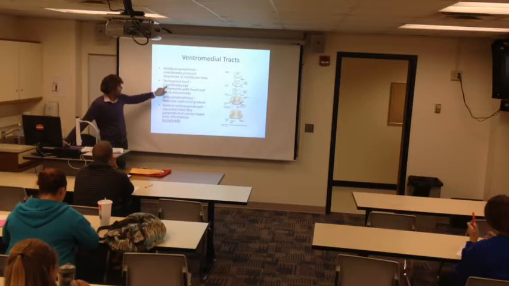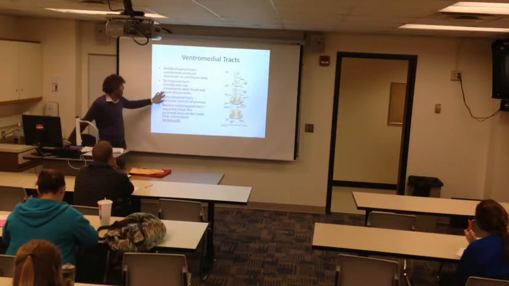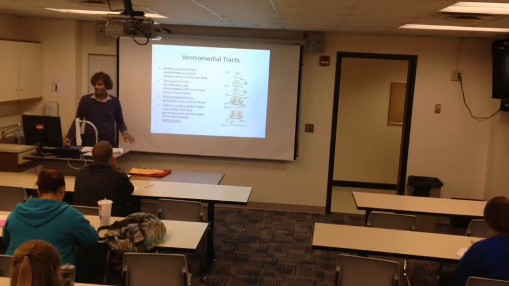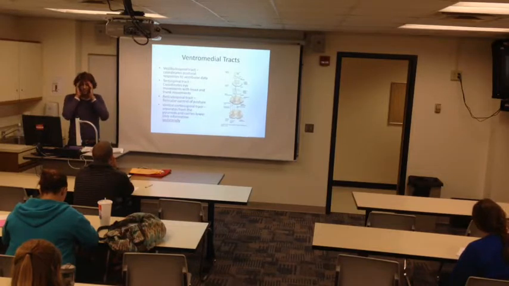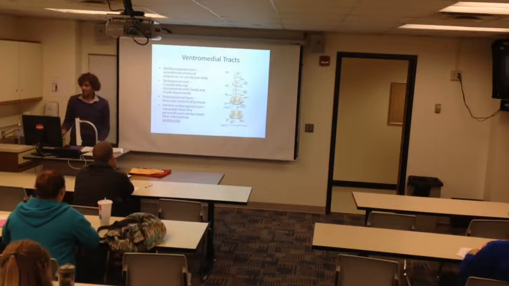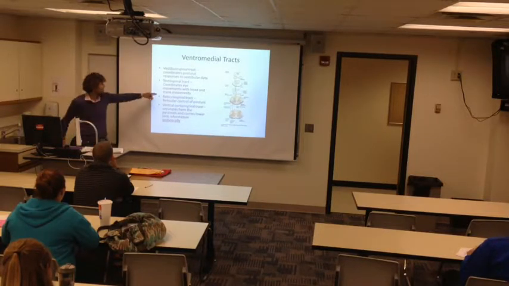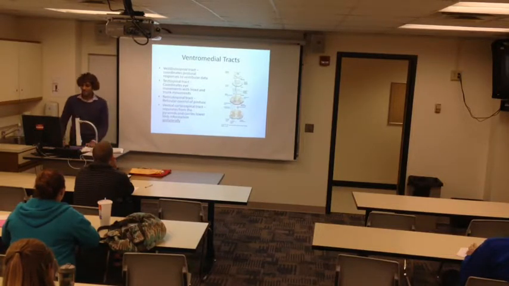The tectospinal tract runs to the tectum, and what it does is it coordinates eye movements with head and trunk movements. So for instance, if you take a person who's very impaired and you move their head, their eyes rotate in the sockets, and so that's the function essentially. So like if I'm looking at you, as I'm turning my head, I keep looking at you, that's a tectospinal kind of function.